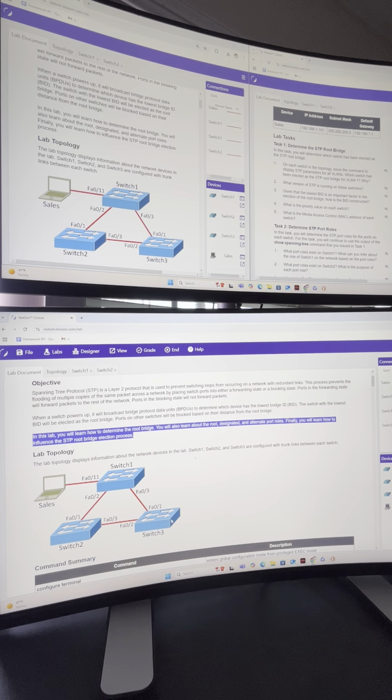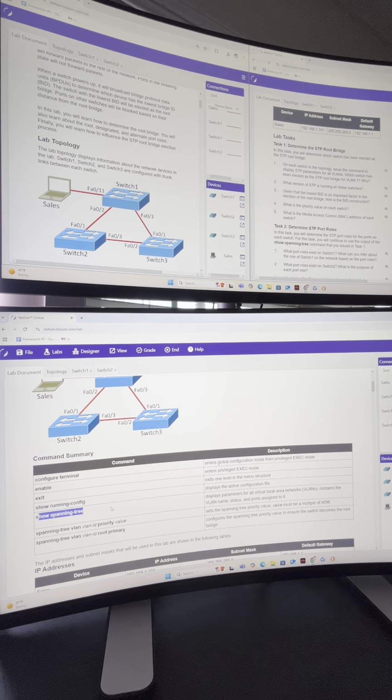We have configure terminal, which enters global configuration mode from privileged exec mode. We have enable, which enters privileged exec mode. We have exit, which exits one level in the menu structure. We have show running-config, which displays the active configuration file. We have show spanning-tree, which displays parameters for all VLANs, and contains the VLAN name, status, and ports assigned to it.